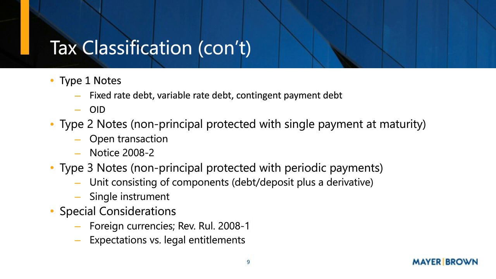But the fact that something is not principal protected at all, does that mean necessarily it is not a Type 1 note? That's not entirely clear. And most issuers and most tax lawyers who work in this area will look to some kind of probability that a holder can lose a certain amount of its investment in order to conclude something is not a Type 1 note.